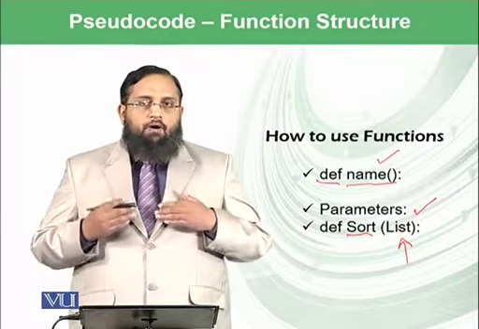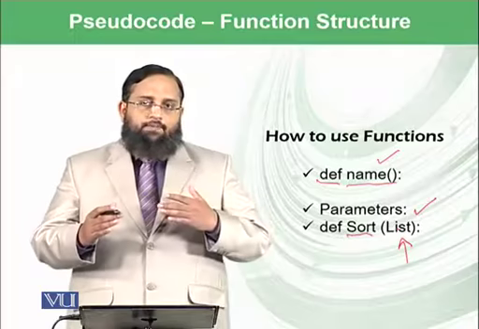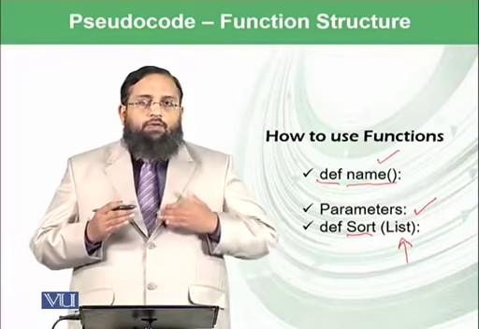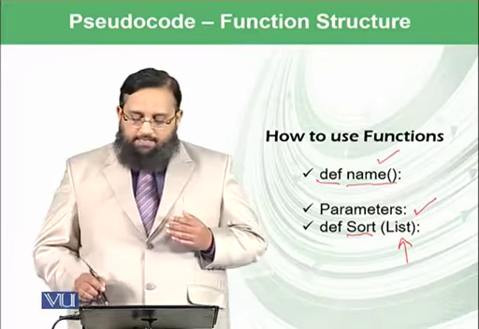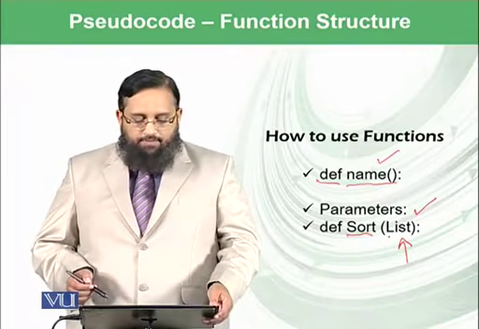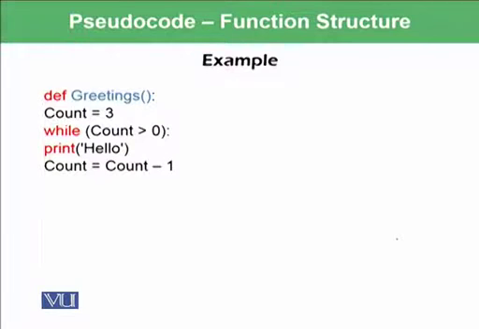You need to pass a list to this function to sort it. Whatever we need to give as an input to the function, we can mention in the small brackets as a parameter. So this is an example of representing function structure.